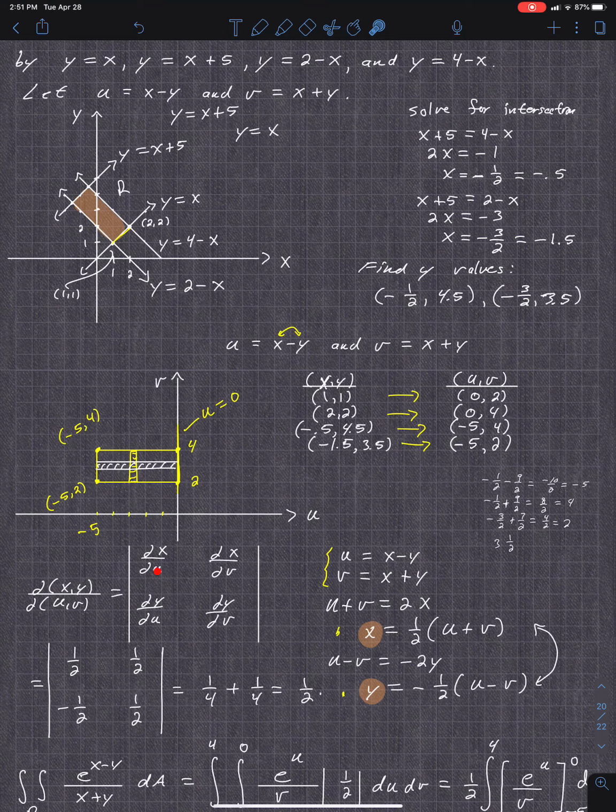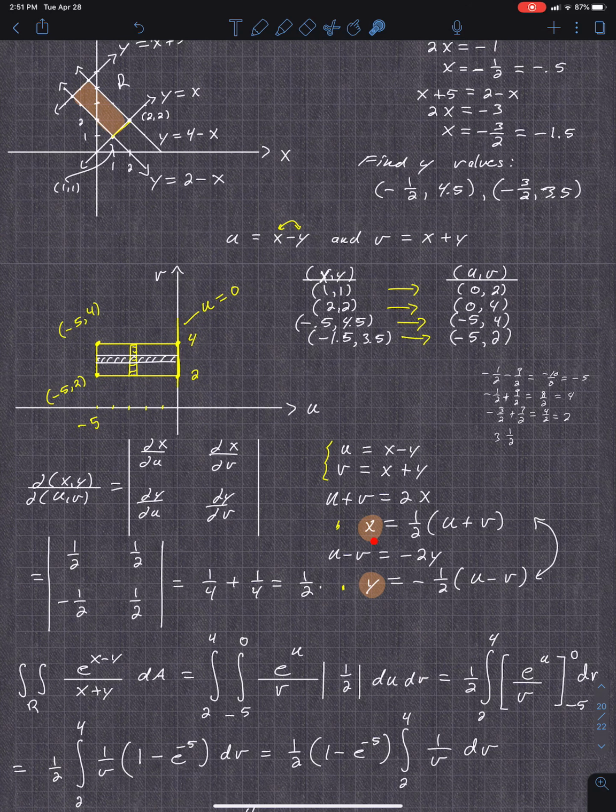Partial x with respect to u, here's where we solved it. This is just like before: x is 1/2 u plus v, y is negative 1/2 u minus v. It's pretty much the same as before, and you get your Jacobian to be 1/2.